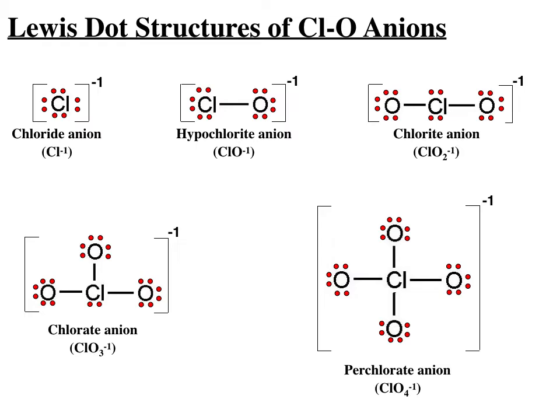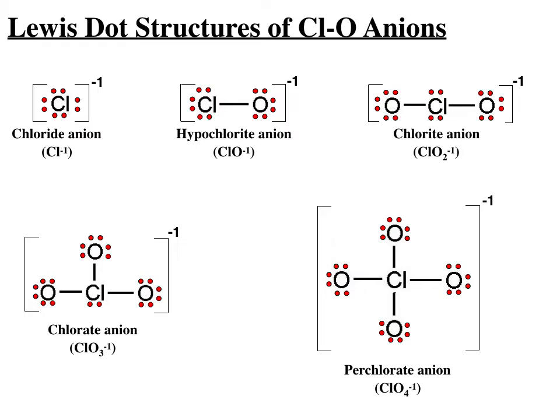Then I'm just going to slide 2 O's onto those 8 valence electrons around the chloride, 1 on the left and 1 on the right, making single bonds outward with 2 of the lone pairs of electrons that originally were on chloride. And again, to indicate I'm not sure where that extra electron came from, I should put the entire polyatomic anion in brackets and the charge on the outside.